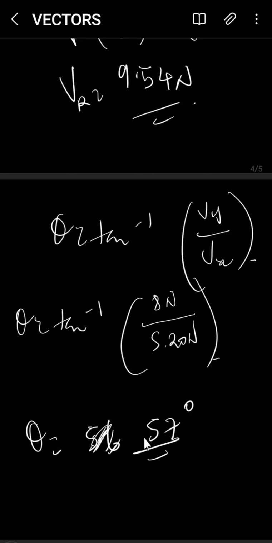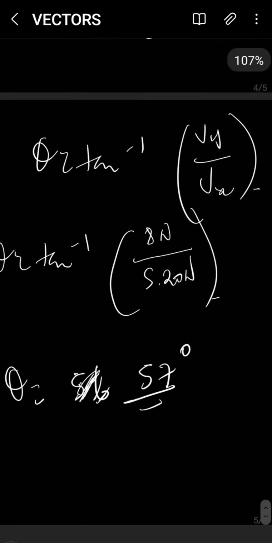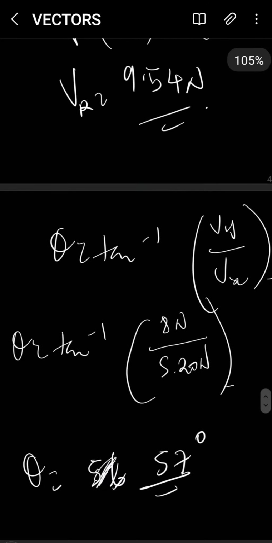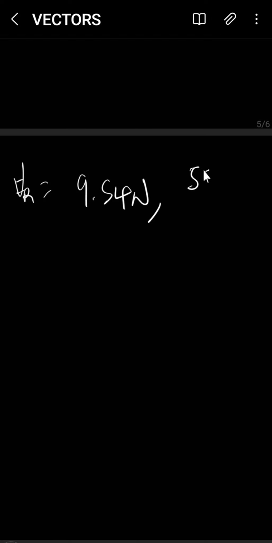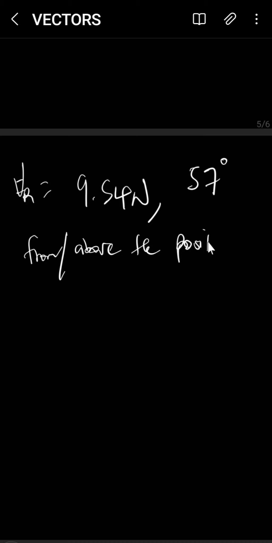Okay, 57 degrees. And how do you write that as your final answer? You are going to say the final answer or resultant vector is, what is our magnitude? 9.54 newtons, comma, 57 degrees above the positive x-axis.